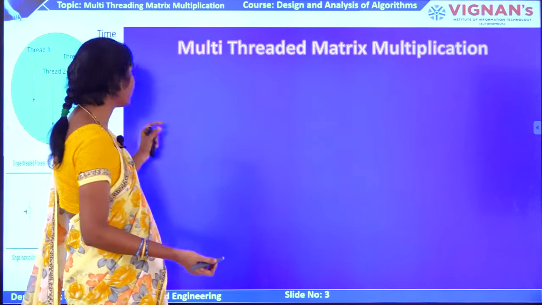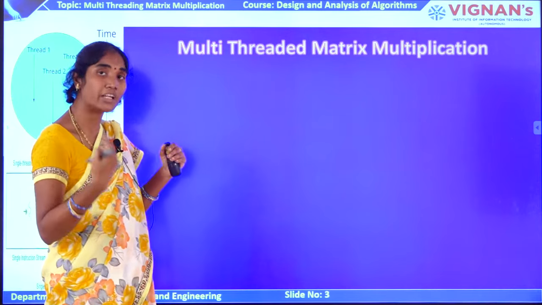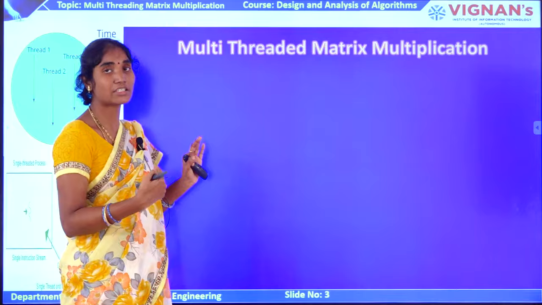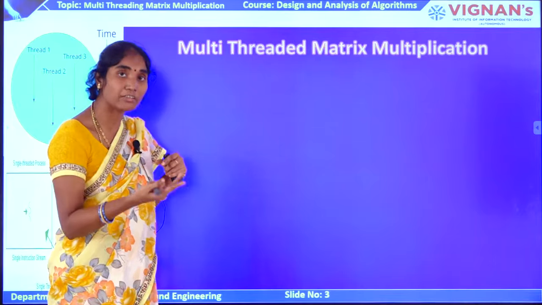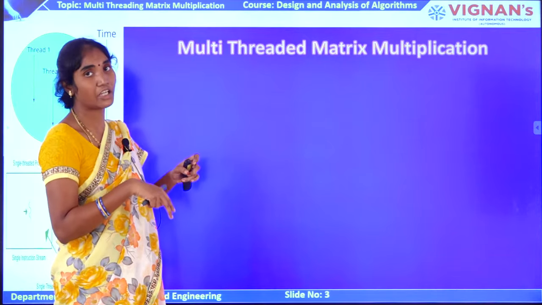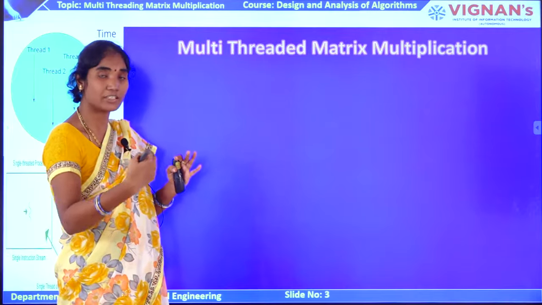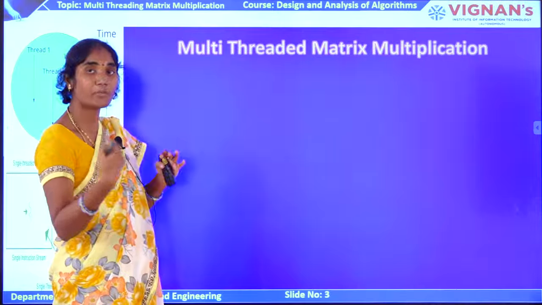Now I want to decrease this time complexity with the help of the multi-threading concept. I want to inculcate multi-threading within the matrix multiplication so that I achieve some decrease in the time complexity from the previous one.